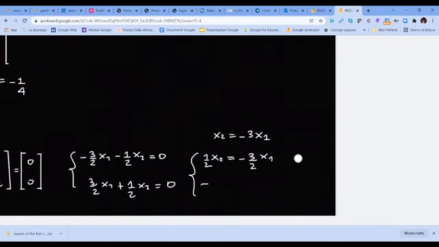That means that this eigenvector will be, let's say, t. I'm sorry, I used t, but now I can use alpha and beta as in some example that you have. So let's say alpha times x1 and minus 3.